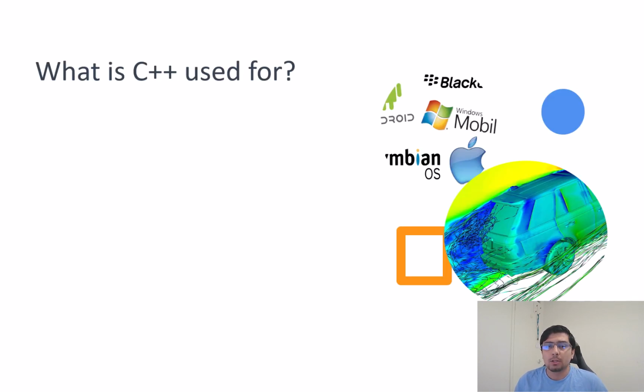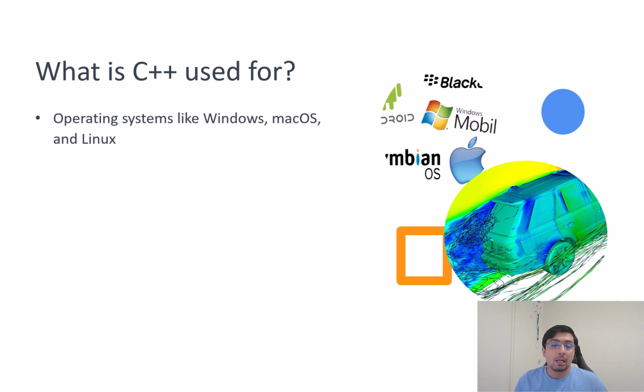What is C++ used for? C++ is a versatile language that finds application in various domains. Its unique blend of low-level control and high-level abstractions makes it a popular choice for developers. So, what can you do with C++? Let's explore some of its key uses.